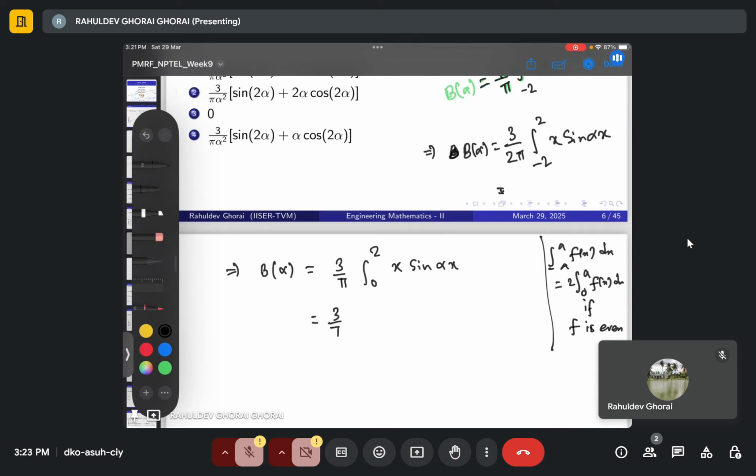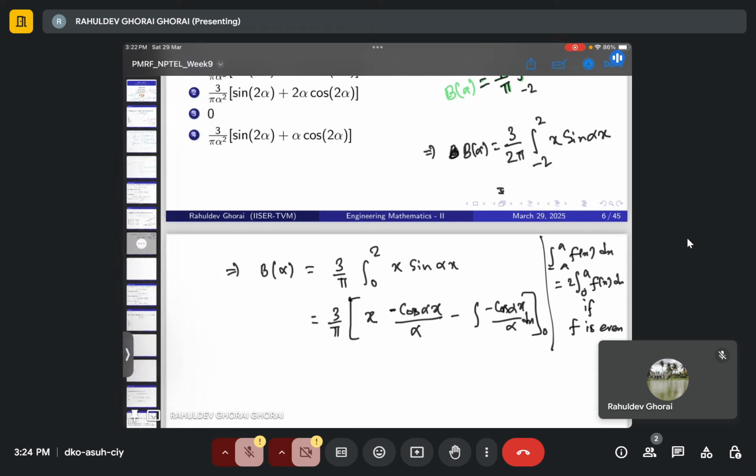So now 3 over pi I keep as it is. Now I use the integration by parts formula. x times the integral of sine alpha x, which is minus cos alpha x over alpha, right? Now minus the integral of the derivative of x, that is 1, times minus cos alpha x over alpha dx.